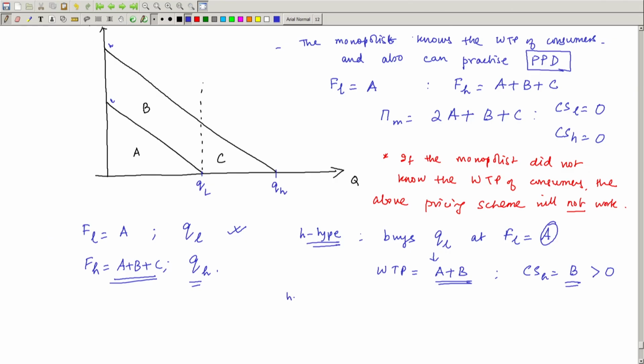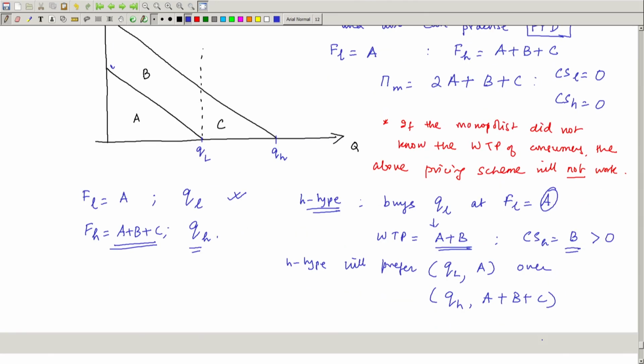So, H type will prefer to buy QL units at rupees A over buying QH units at A plus B plus C, because clearly buying this lesser quantity QL by paying A rupees gives the H type a consumer surplus which is greater than 0, in which case the profit of the monopolist now is simply going to be A rupees from the L type and A rupees from the H type.